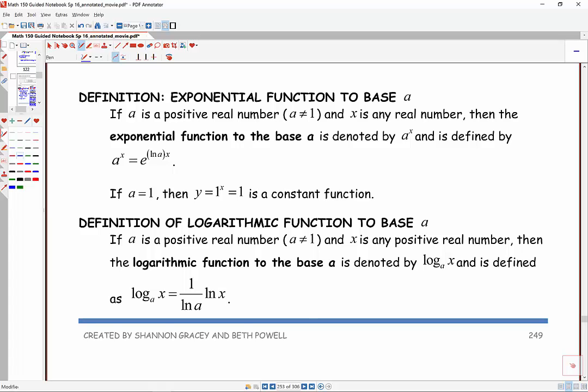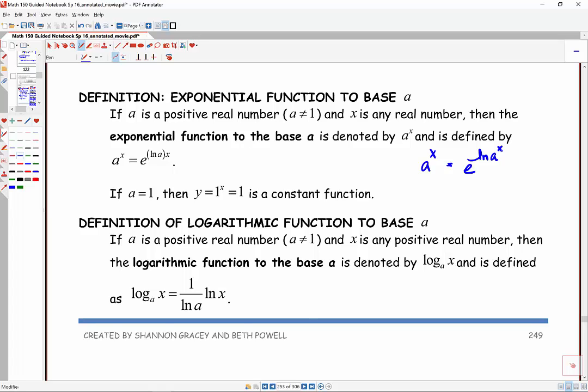If you just take a look over here, if you have your a to the x going on, right? Now, if you evaluate e at the natural log function, you basically have an equivalent expression, because the natural log and e are inverses of each other.